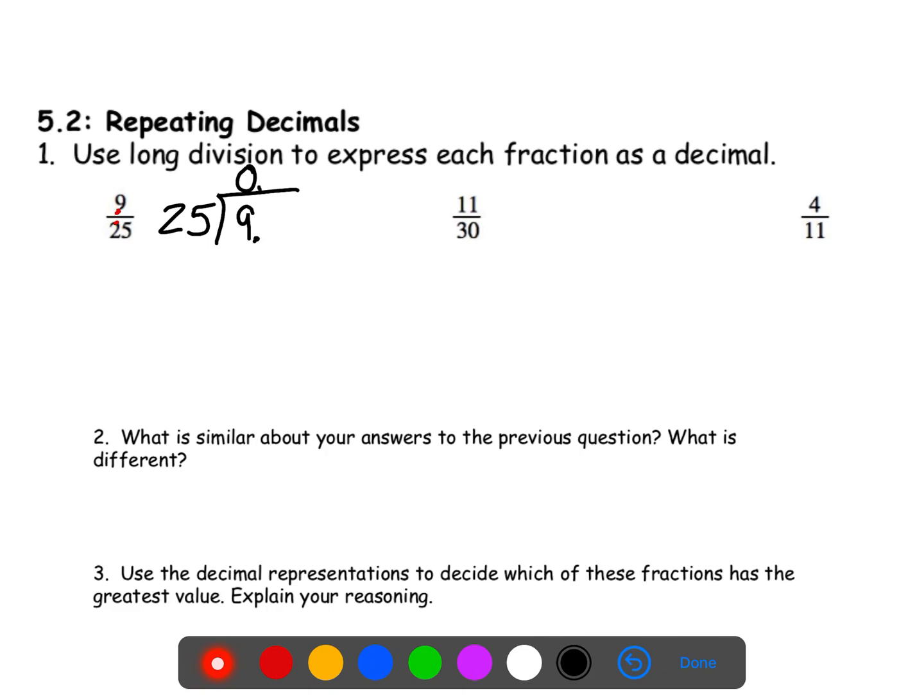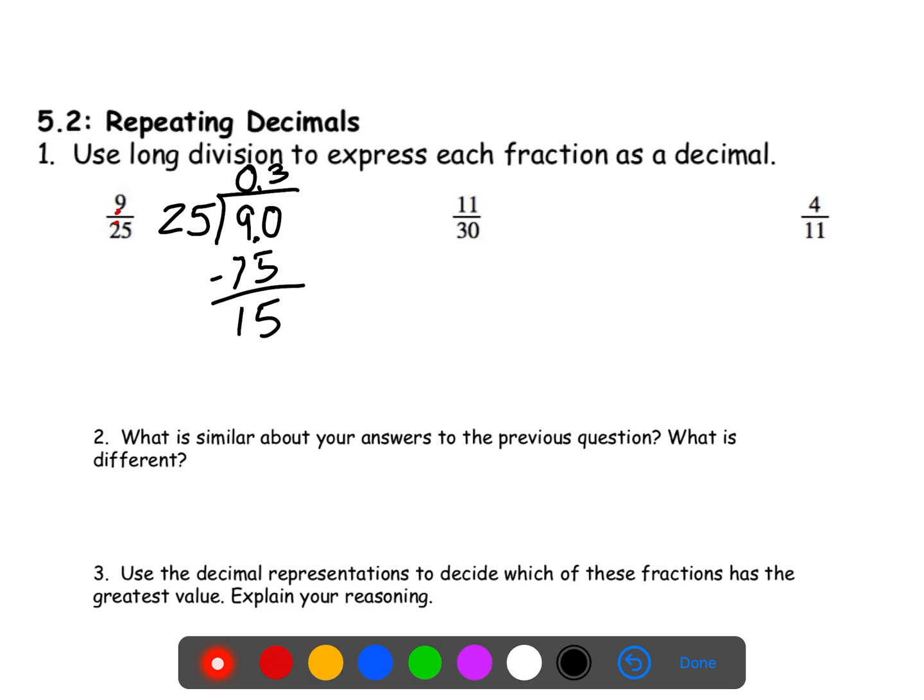So we can, with a decimal here, add as many zeros after the 9 as we need to divide this out. So what I'm looking at now is how many 25s can I take from 90? And that would be 3. 3 25s is 75. We subtract to see how much is left, and we would have 15.